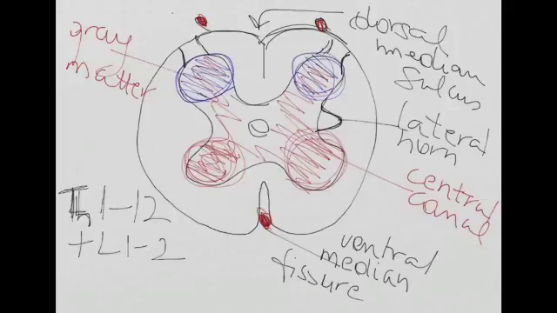Another area of the spinal cord where lateral horn is present are at the S2 to S4 levels, and those autonomic nerves are parasympathetic nerves. So sympathetic and S2 to S4 are parasympathetic.